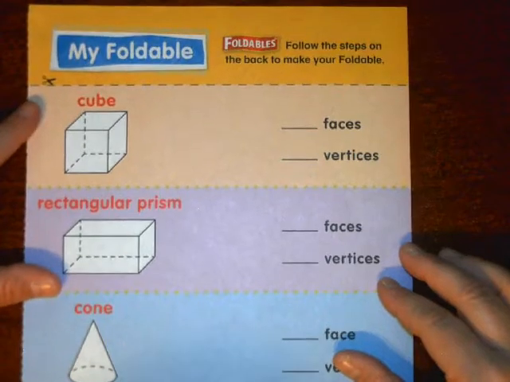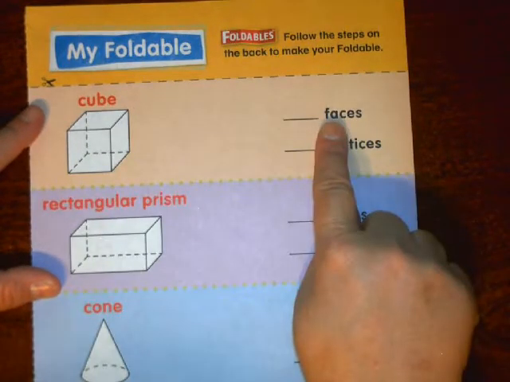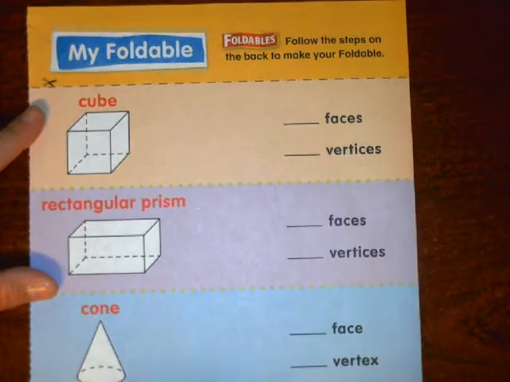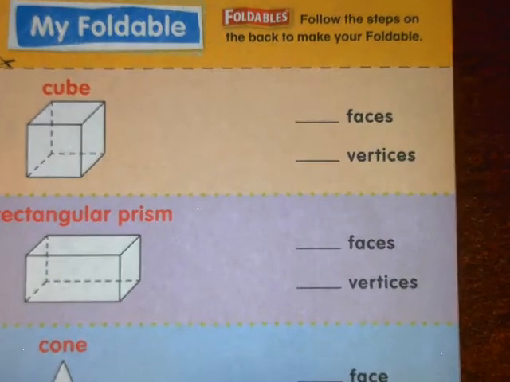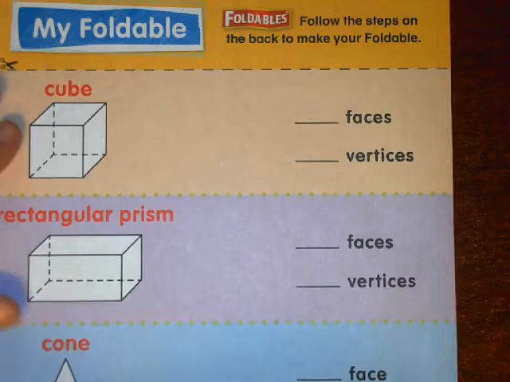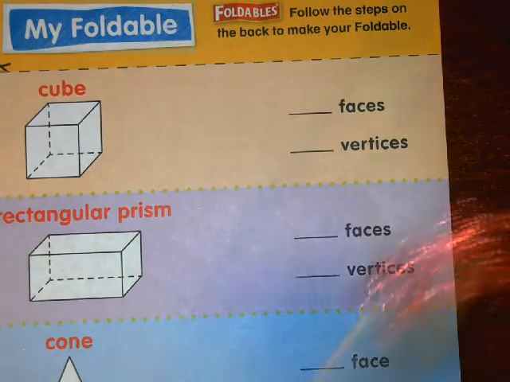Okay, let's look at our foldable. So it says, my foldable. A cube. How many faces and how many vertices? Okay, so let's count.